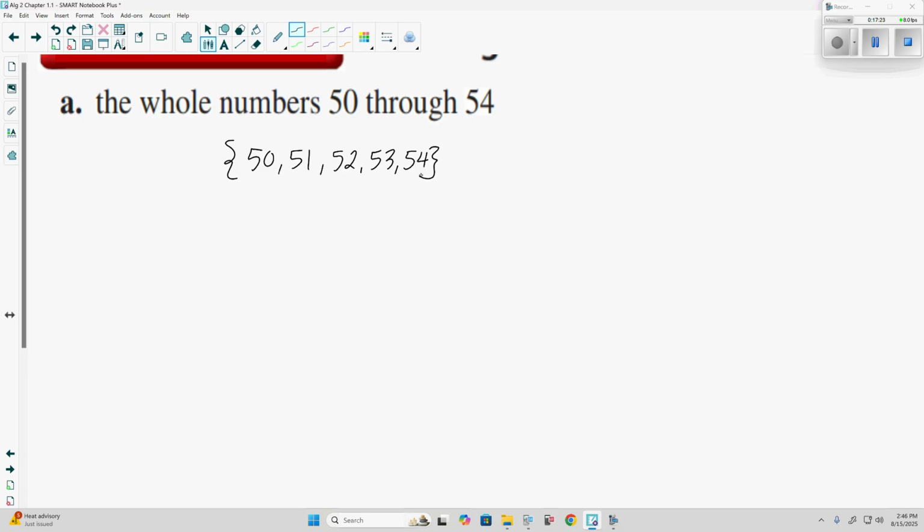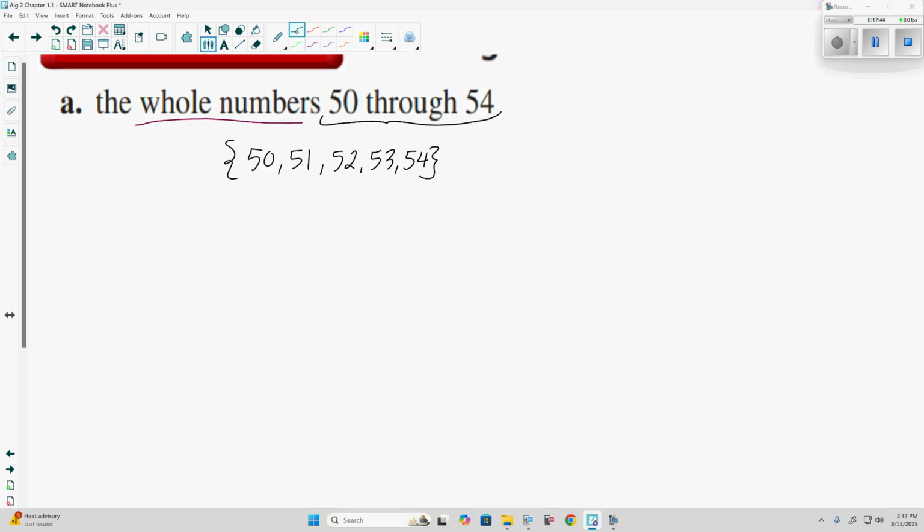Because here, we can easily list them out. We don't have to write it as set builder notation. Our number type is whole numbers. Our description is 50 through 54.